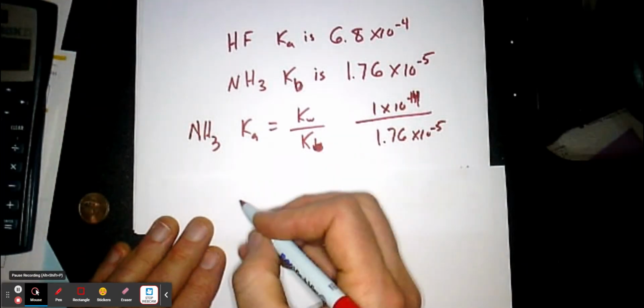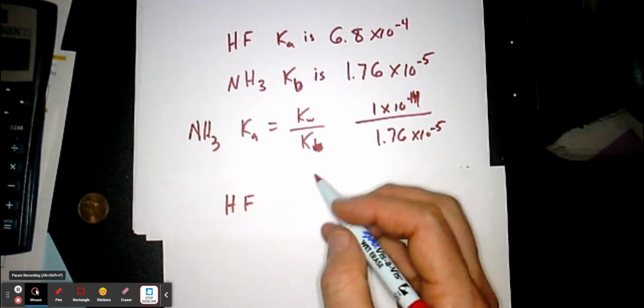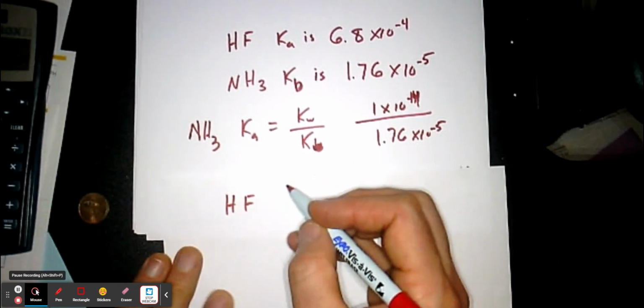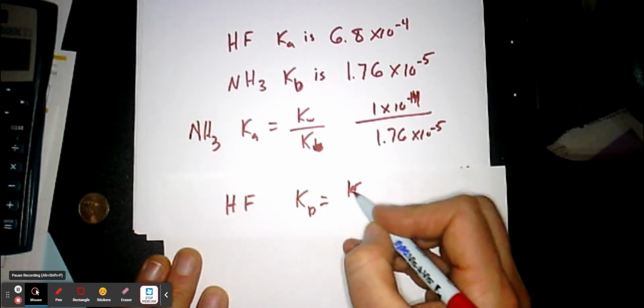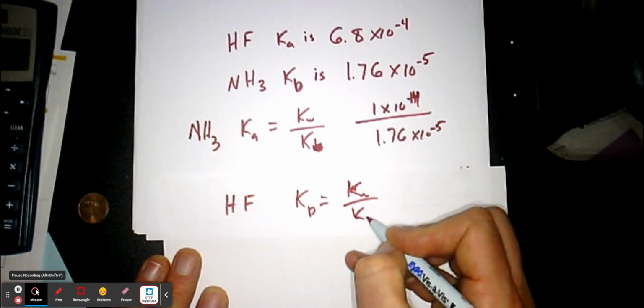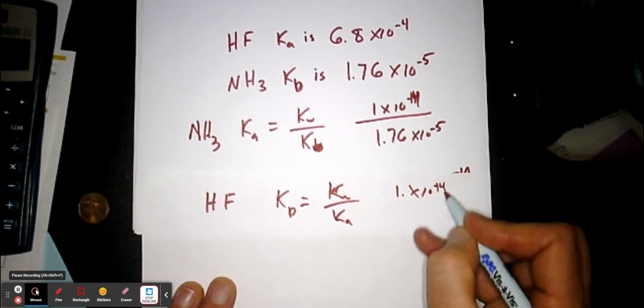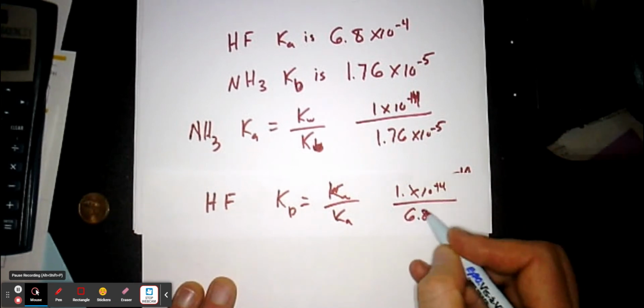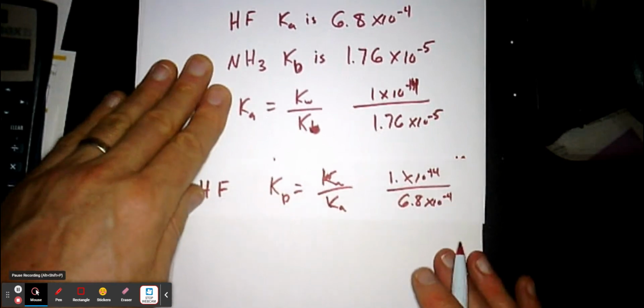Now, for F, I want to know my Kb value. Kb is going to be Kw divided by Ka of HF, so 1 times 10 to the negative 14th divided by 6.8 times 10 to the negative 4th. All right?